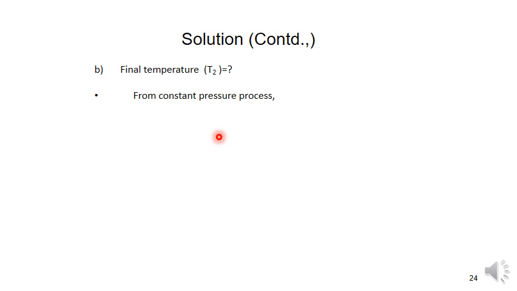Now we want the final temperature T2. At constant pressure, volume is directly proportional to the temperature. So we can write V1 by T1 is equal to V2 by T2.